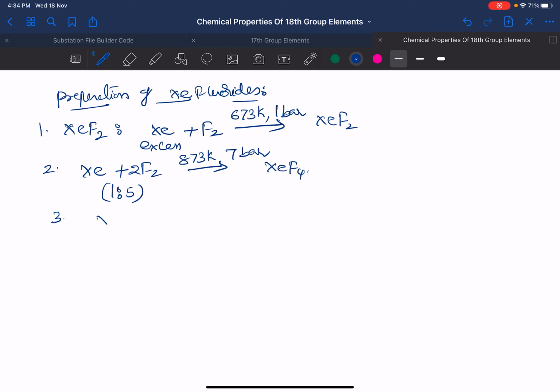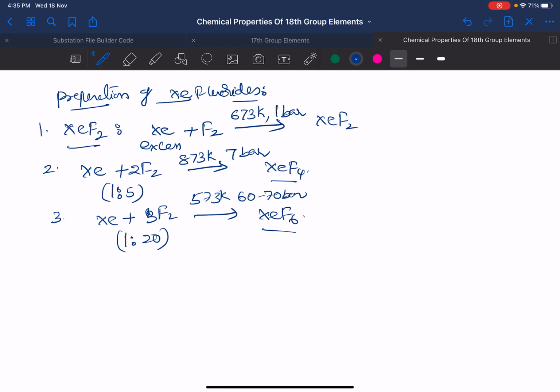And next, when xenon reacts with fluorine in the ratio of 1:20 at 573 Kelvin temperature and 60 to 70 bar pressure, we will get xenon hexafluoride. So these are the main preparation methods of the xenon fluorides: xenon difluoride, xenon tetrafluoride and xenon hexafluoride.